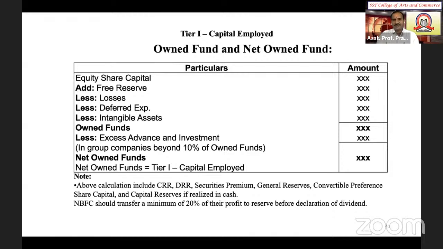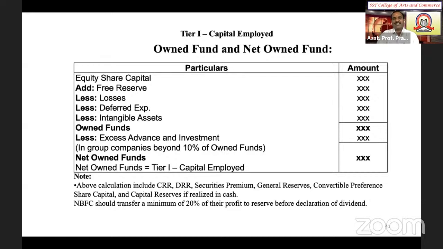From that, you will deduct your excess advances and investment. For net owned funds, that is Tier 1, we call it capital employed. So the university can ask a 7 or 8 marks question from this calculation part.